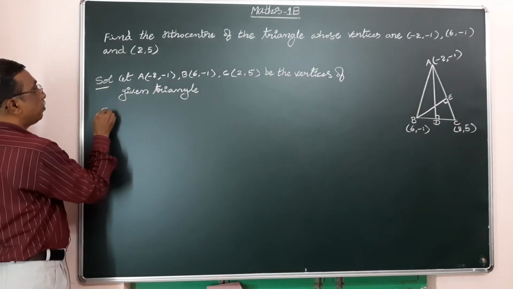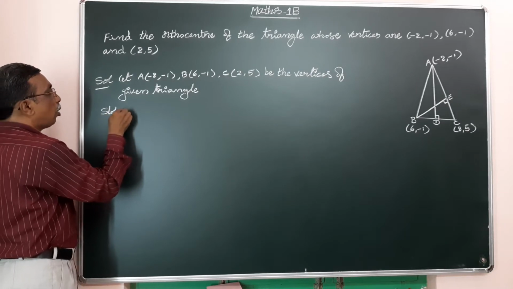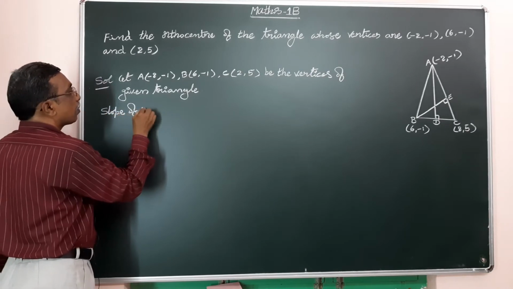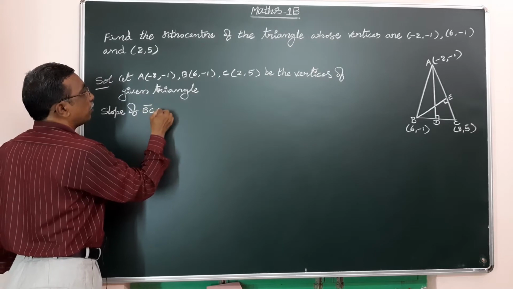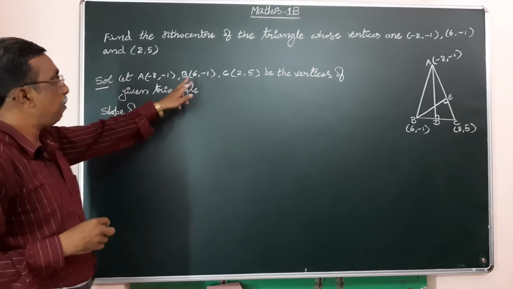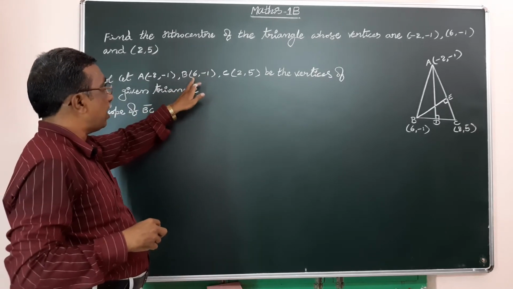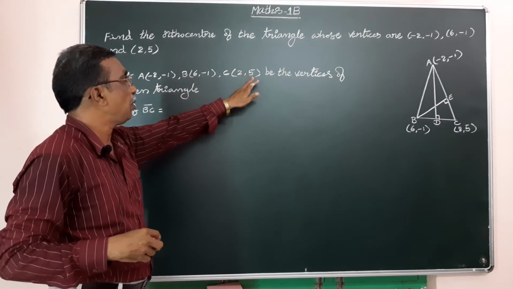Slope of BC bar equals, what is B? 6, minus 1: x1, y1. And C: x2, y2.